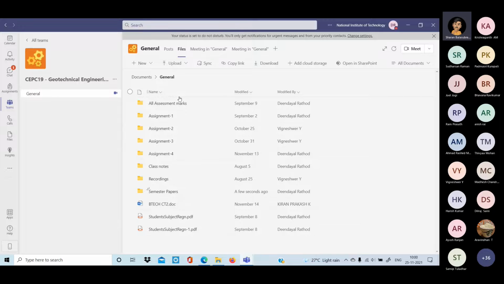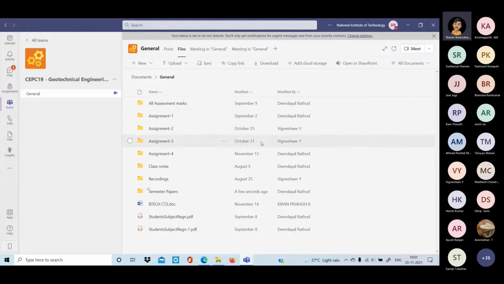So what we'll do is, any methodology how we can do it? One thing is you can assign an assignment where we can upload, or else you can share a Google Form kind of thing where we can upload the answer script. In the form itself we can upload the PDF, and you will have a list of links.